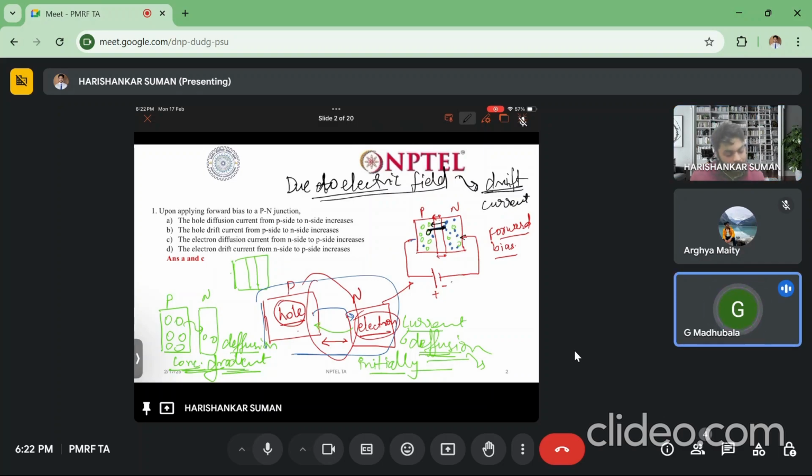Yes, sir. Thank you, sir. When will diffusion happen? If the concentration gradient is there, it is known as diffusion. But if the electric field is there and charge carriers move due to the electric field, this current is known as drift current. Now you can check your answer. Is this right or wrong?